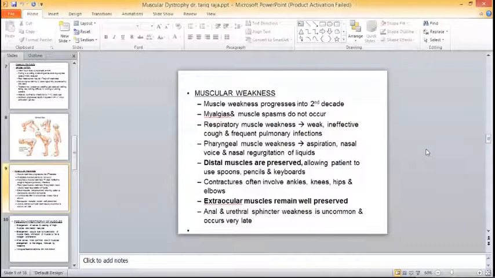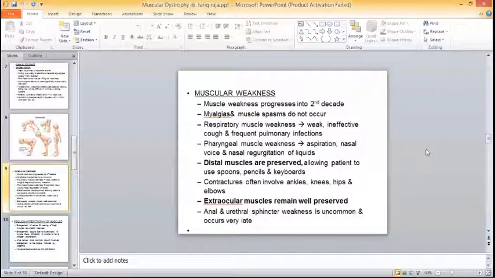If the patient is not severely involved, he would be able to use the distal portion of the limbs more precisely than the proximal portion.